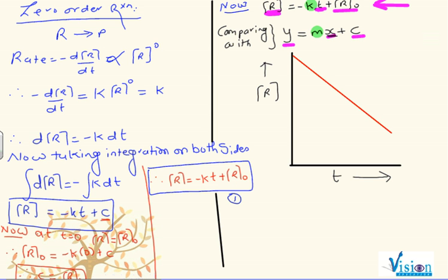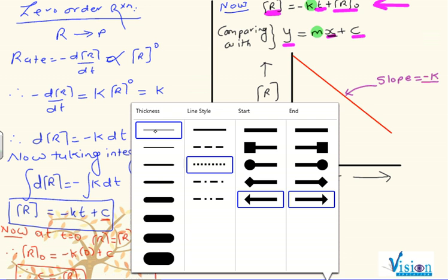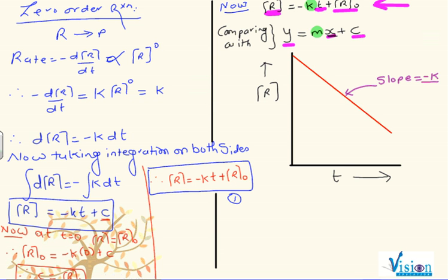It will represent a straight line whose slope equals to minus k if we compare the equation, and y-intercept, see over here, so this will represent slope, and this value over here, which is y-intercept, normally it is supposed to be c, but here it will be R0. That means this value is R0.